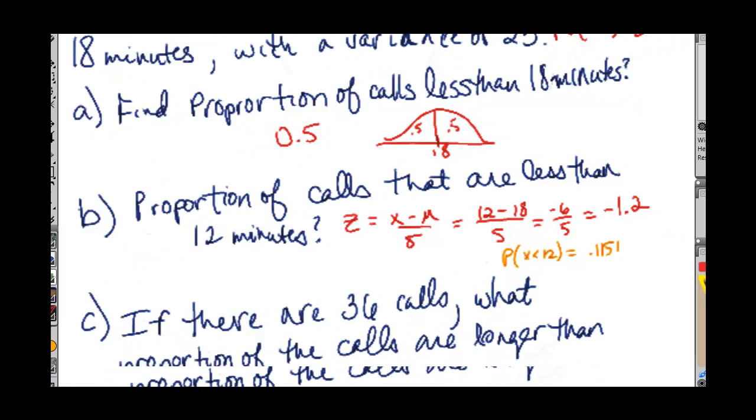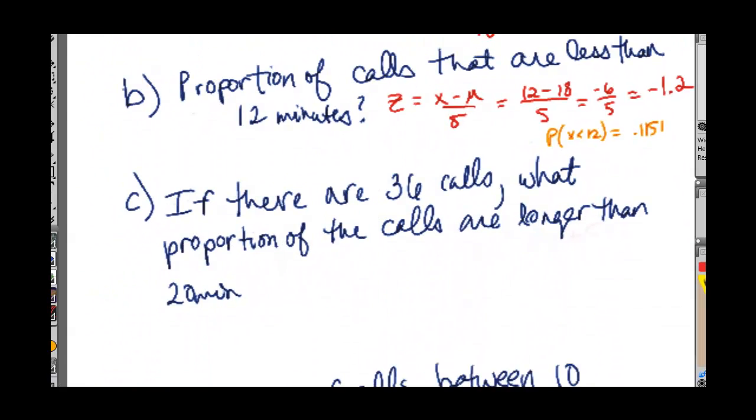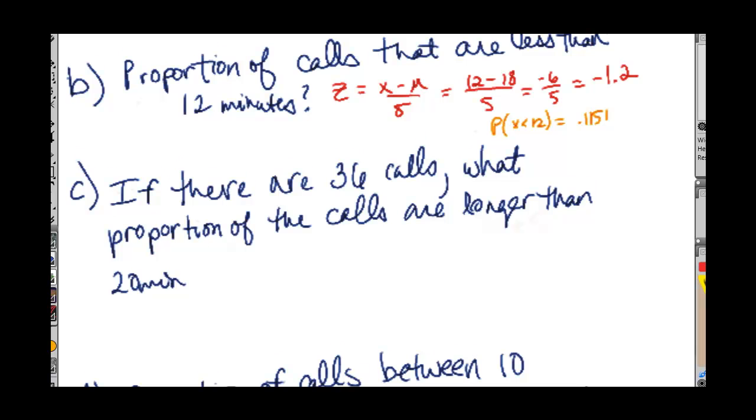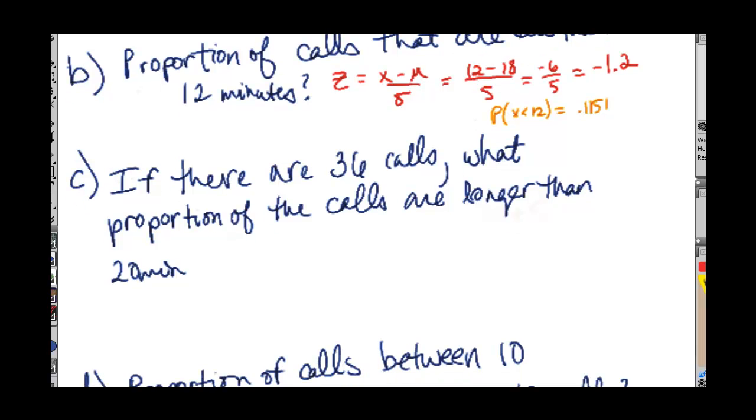Now the next question says if there are 36 calls, what's the proportion of calls that are longer than 20 minutes? Because there's more than one call, our Z-score formula now changes to x bar minus mu over sigma sub x bar.